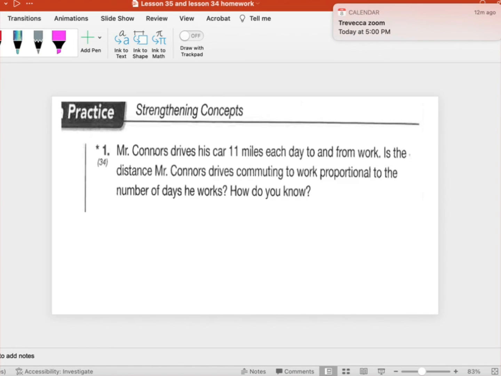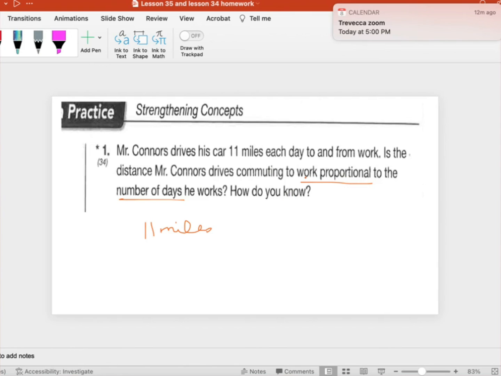Mr. Connors drives his car 11 miles each day to and from work. Is the distance Mr. Connors drives commuting to work proportional to the number of days he works? How do you know? He drives 11 miles each day. You're going to multiply the number of miles that he drives by the number of days he works. There's a scale factor, isn't there?